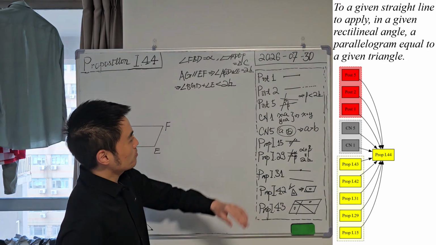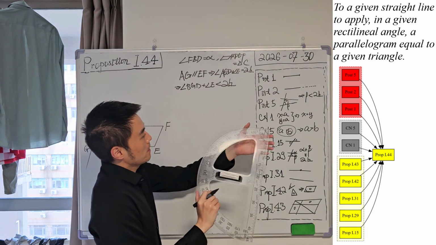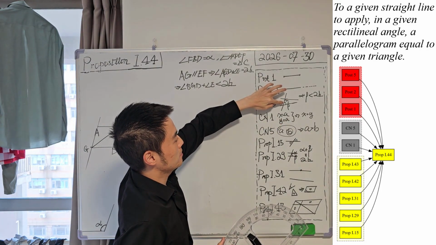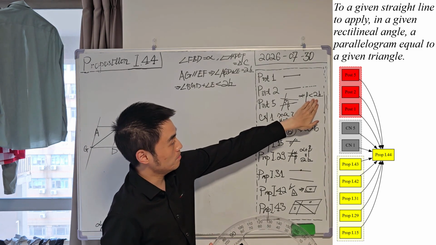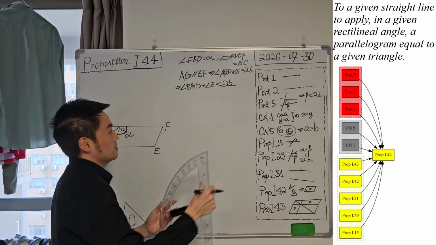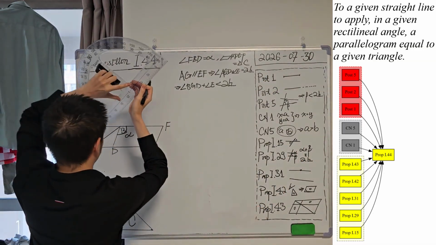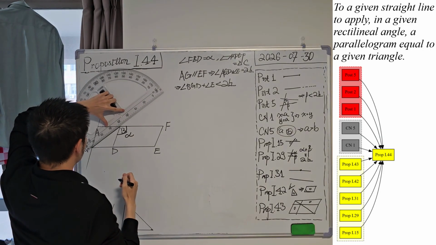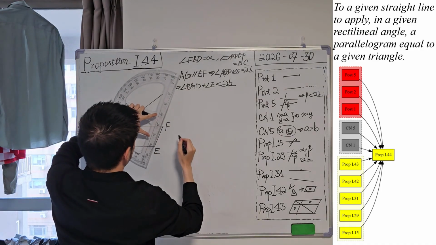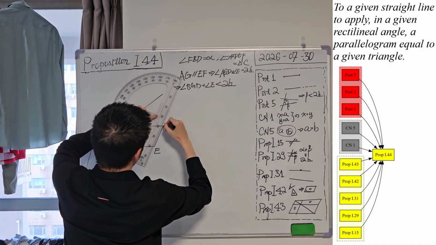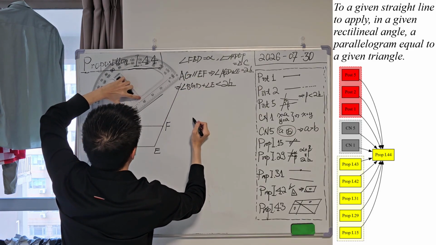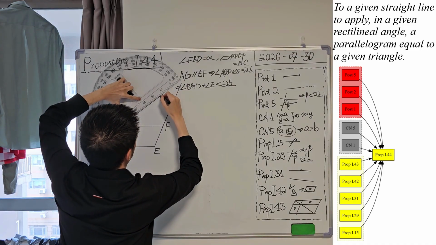And if we recall postulate 5, we know that if a straight line meets two other straight lines and the two interior angles, the sum of them is less than two right angles, then if we produce them, they will meet on the same side. Okay, so let's produce GB and EF. We know they will meet each other on this side because of postulate 5, right? And we are using postulate 2 to produce them.